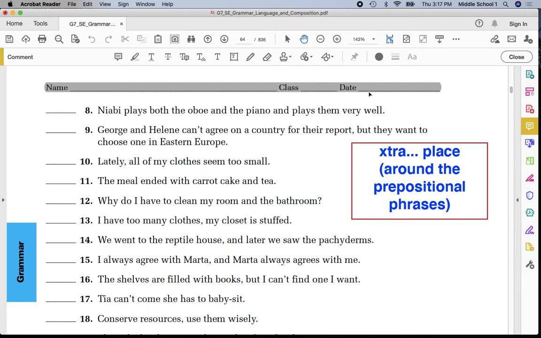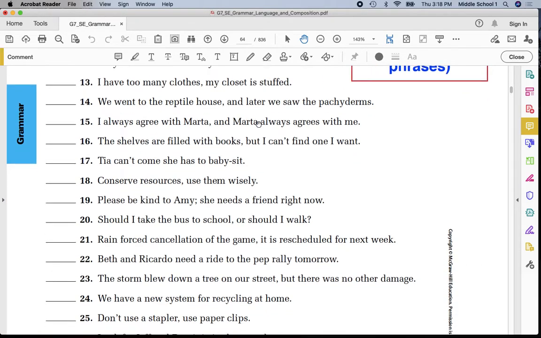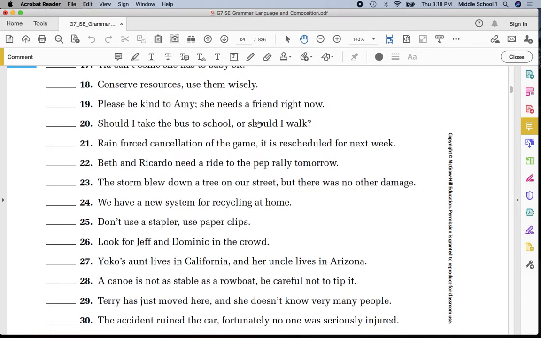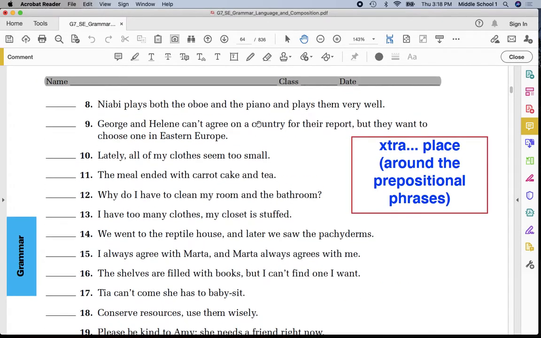Numbers 8 through 30, we are going to follow the same directions that we did on the front side of the page. If the sentence is a simple sentence, put S. If it is a compound sentence, put C. If it is a run-on, place R on the blank in front of the number.